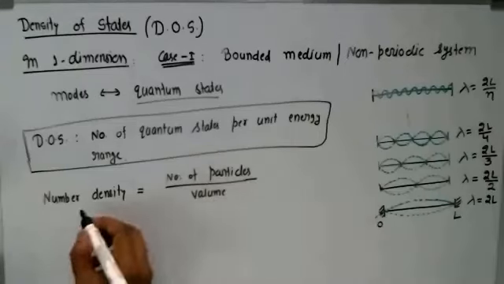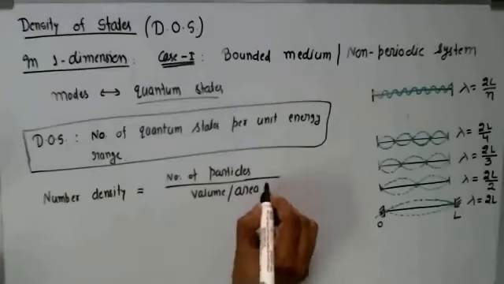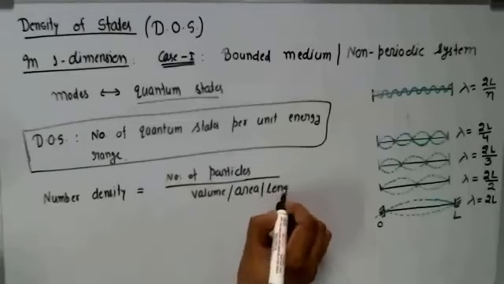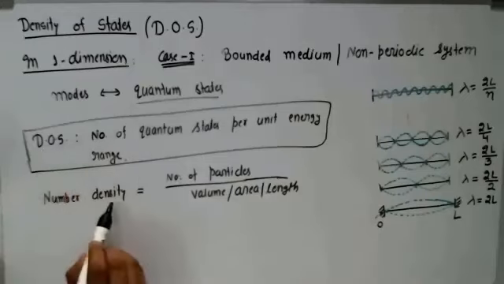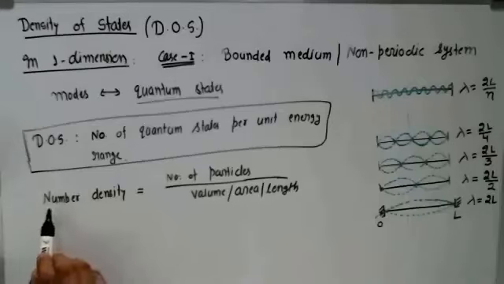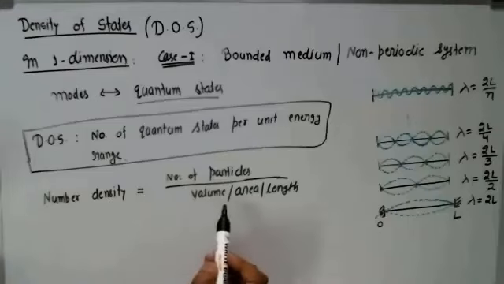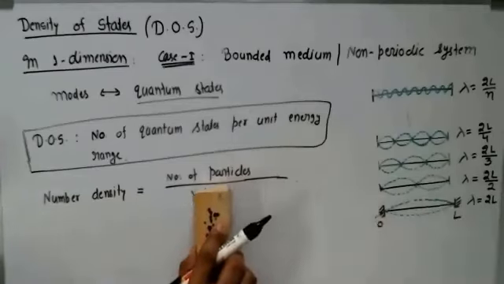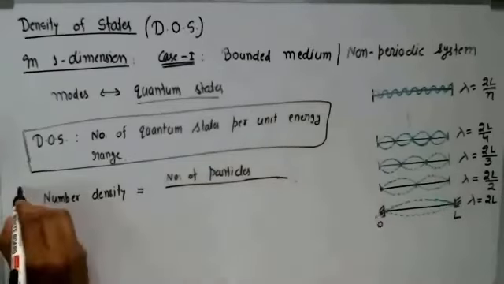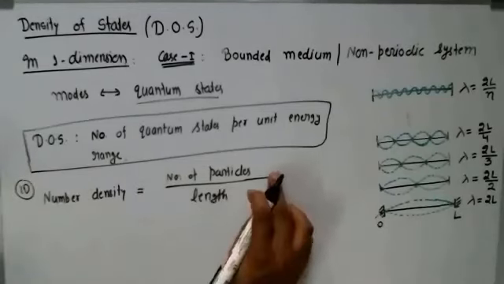That is 3D; in 2D you say per unit area, and in 1D it becomes per unit length. So density of state is very much similar to a number density, but the difference is that in number density you say number of particles per unit volume, area or length. Now let's make it specific to the 1D case, since we are discussing 1D here. So I can call it number of particles per unit length.